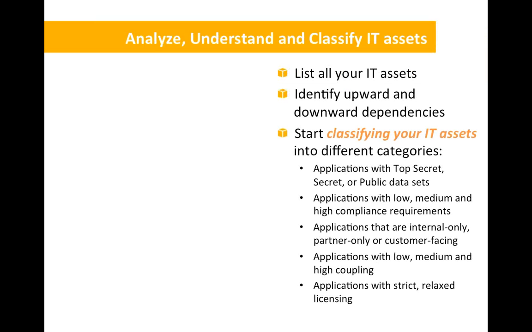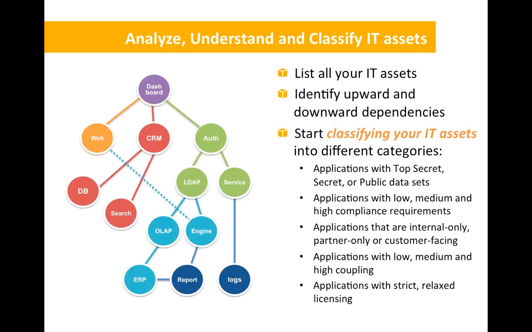So the first thing you should do is to analyze and understand and classify your IT assets. Most enterprises have a lot of different applications and interdependencies between them. So what we recommend is to start classifying your assets into different categories.